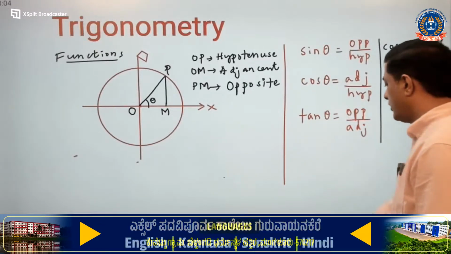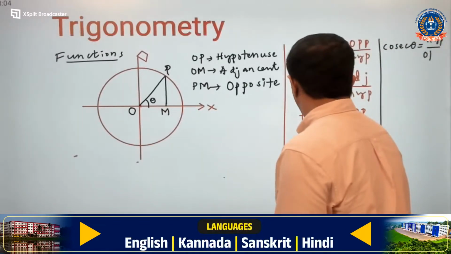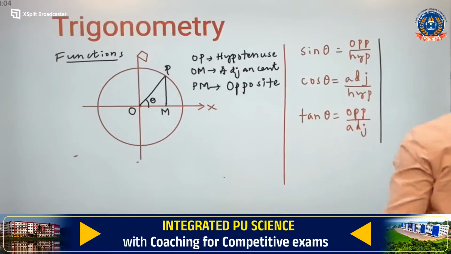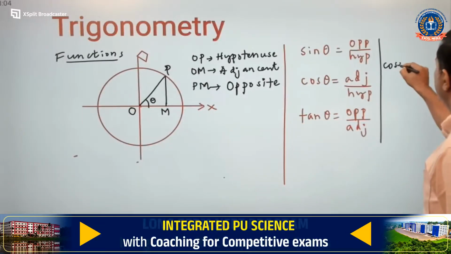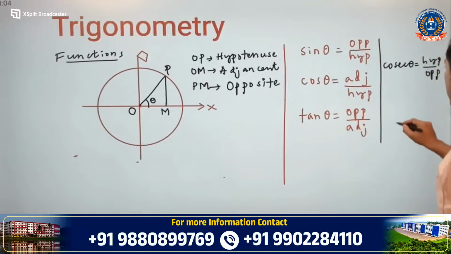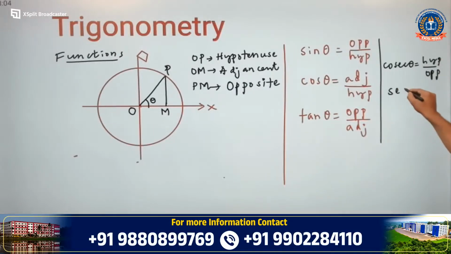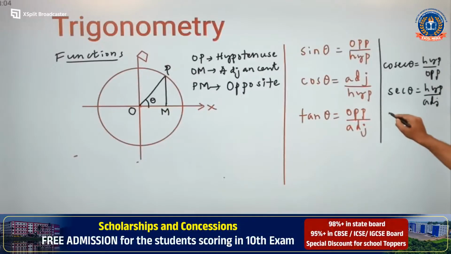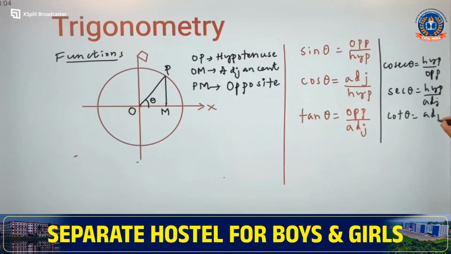Sec theta is hypotenuse divided by adjacent, and cot theta is adjacent divided by opposite.